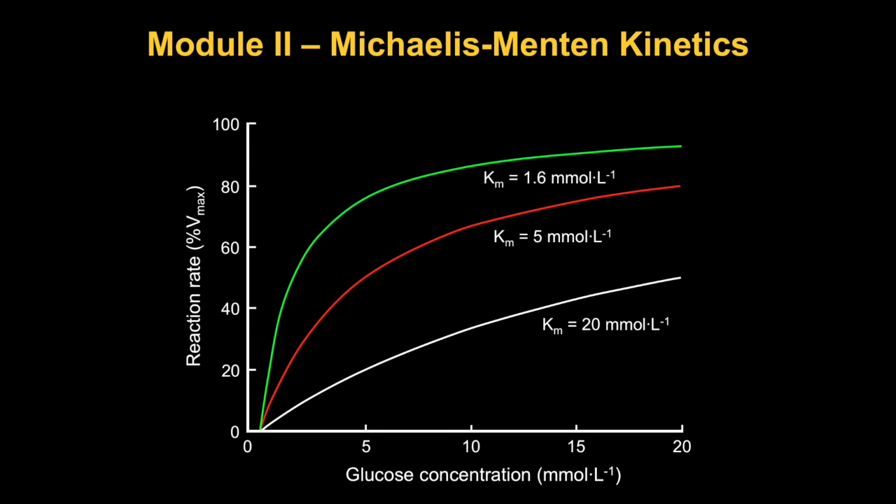You can see that with the lower Km curve here, we saturate that particular transport protein much more quickly compared with the red and the white line Km values. So that affects the rate at which reactions can be undertaken. And in this case, this is affecting the transport of glucose into whatever tissue that we happen to be talking about.